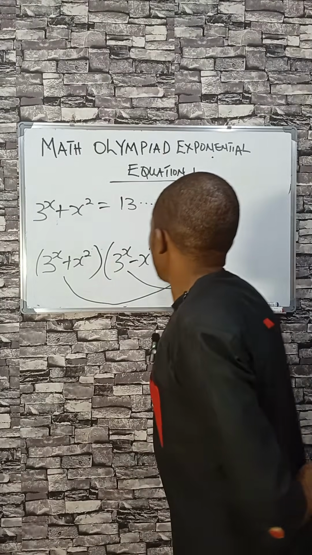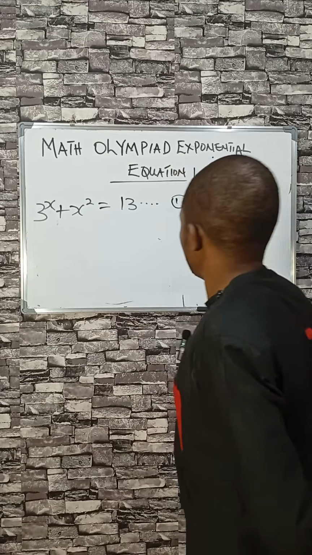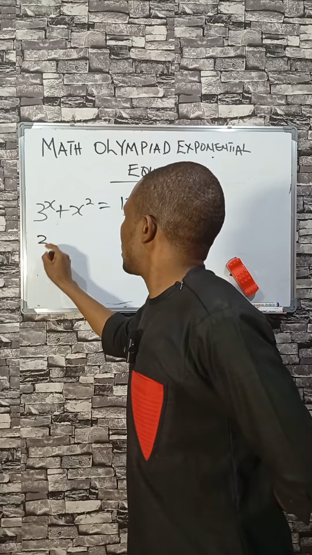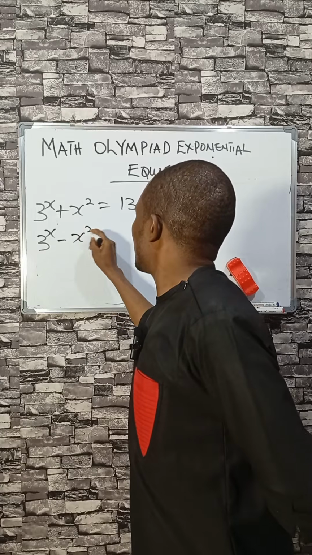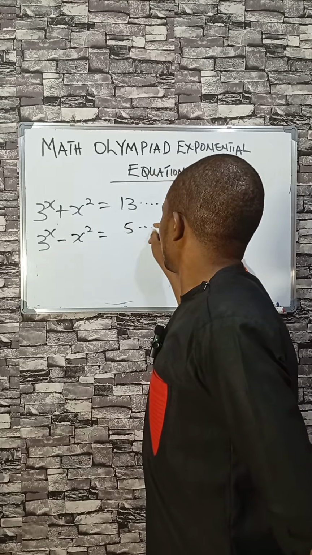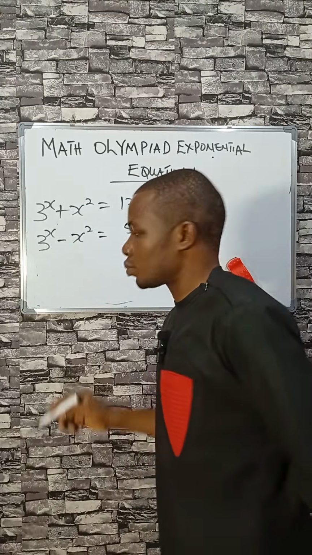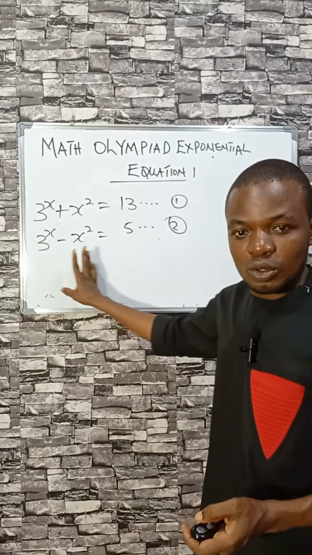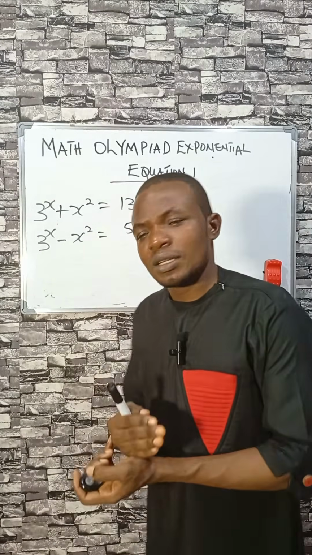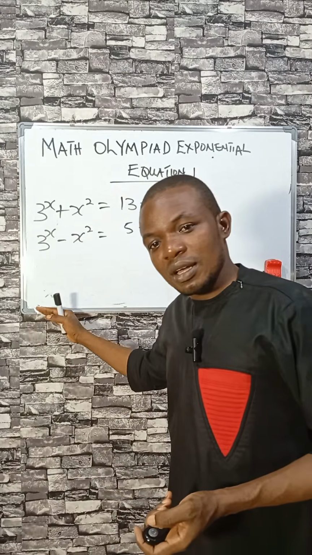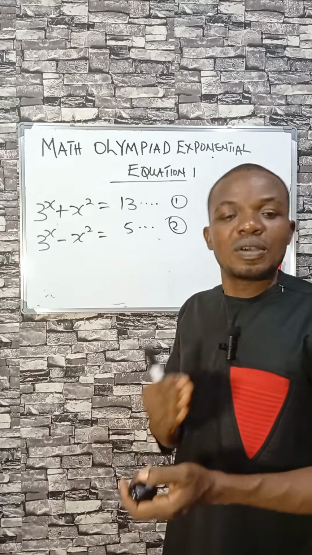Then the smaller bracket, 3^x minus x squared, is equal to 5, equation 2. We can solve this simultaneously, equations 1 and 2. Even if you want to add, you still have an answer, and on subtracting, you still have an answer.